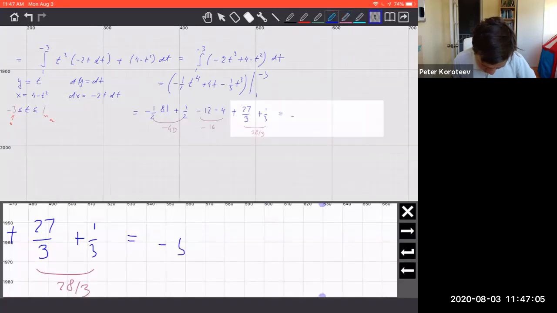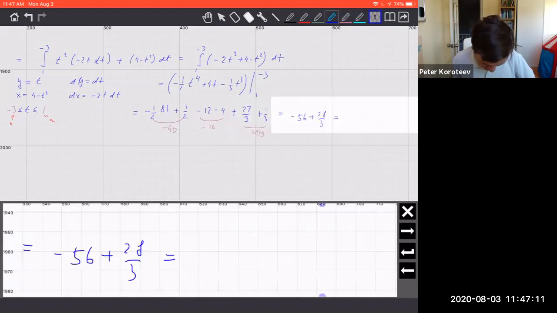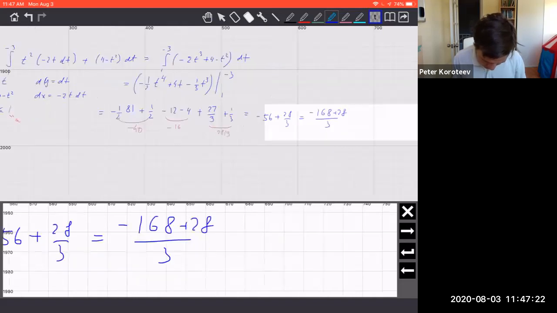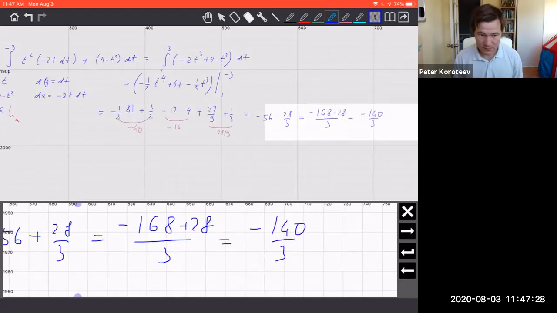So that's -56 plus 28 thirds, which is -168 plus 28 thirds, minus 140 over 3.